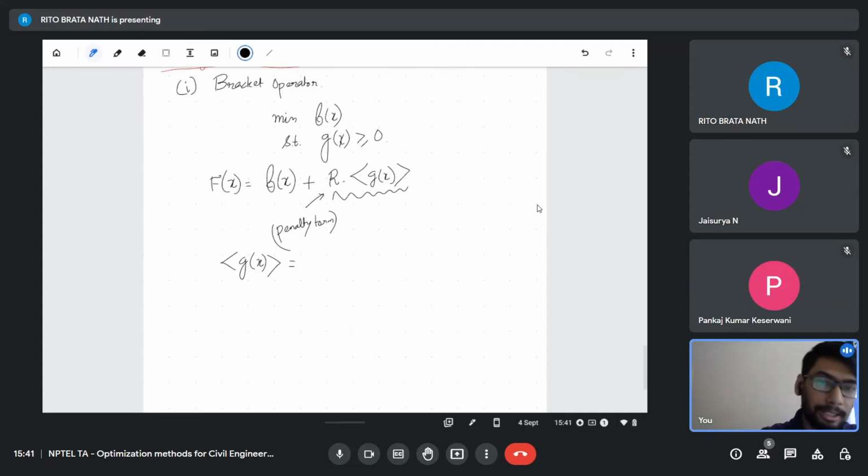And if I violate the constraint, I am getting more and more penalty for that, so I am increasing my objective function value. So what I have to do here is, if your constraint is satisfied, you don't add anything here. But if it is not satisfied, then you have to add something here.